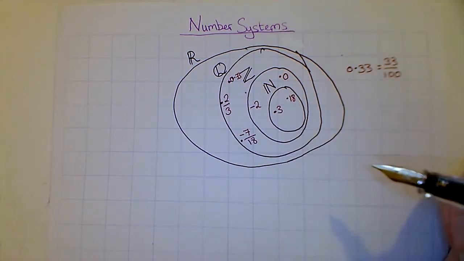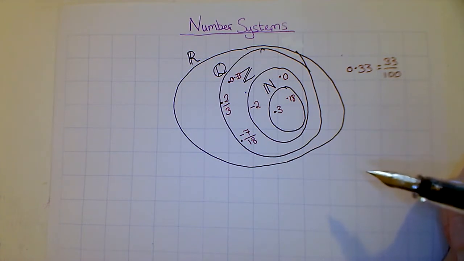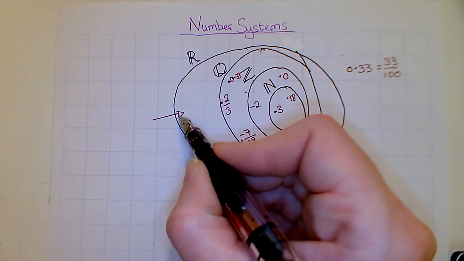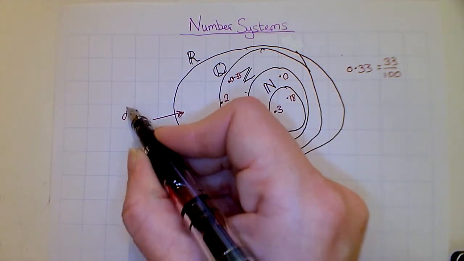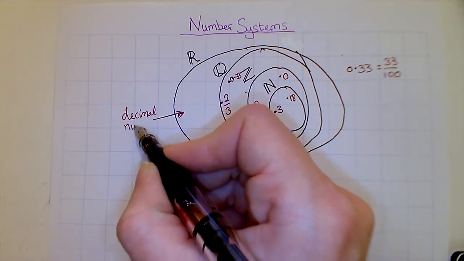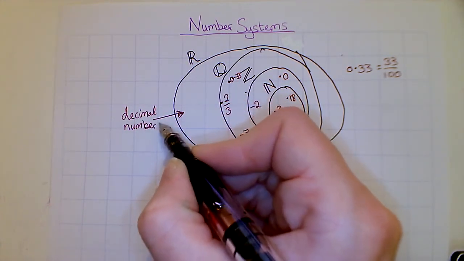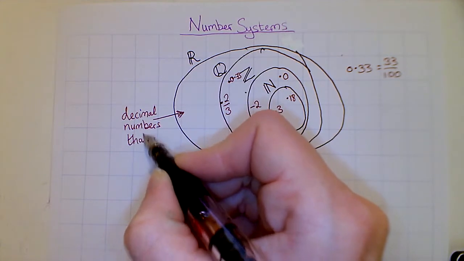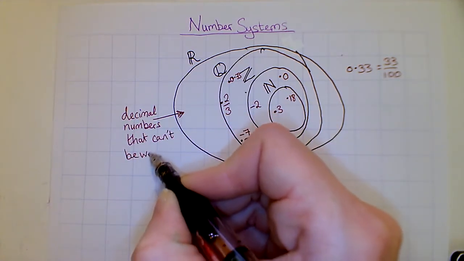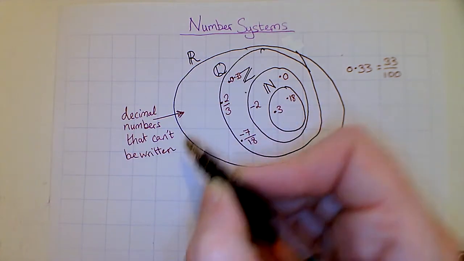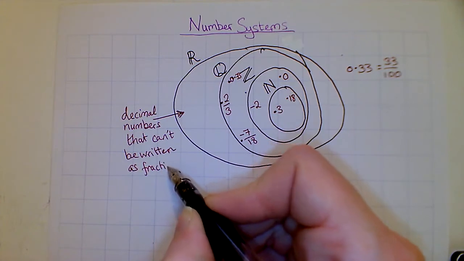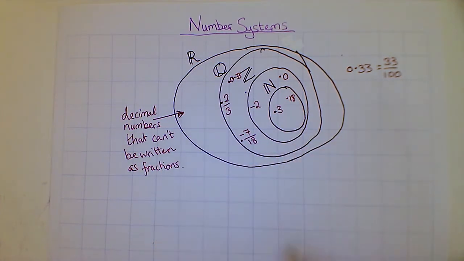What does go in this section out here then? Decimal numbers that can't be written as fractions. What kind of decimal numbers can't be written as fractions? We have a special name for them as well.